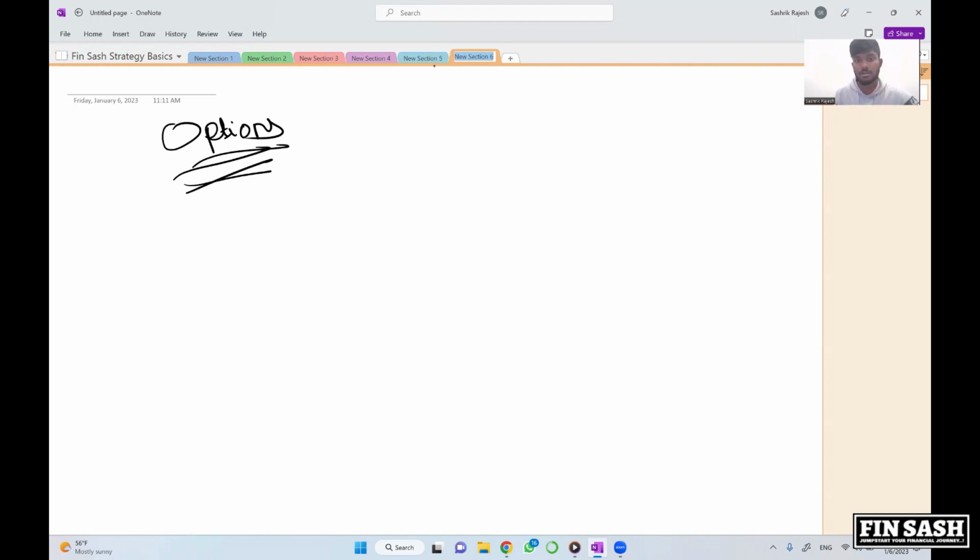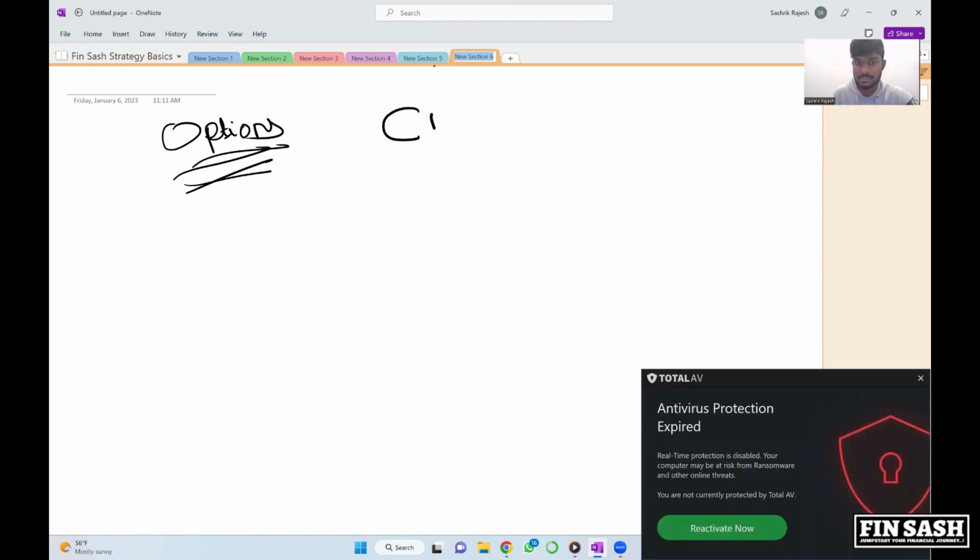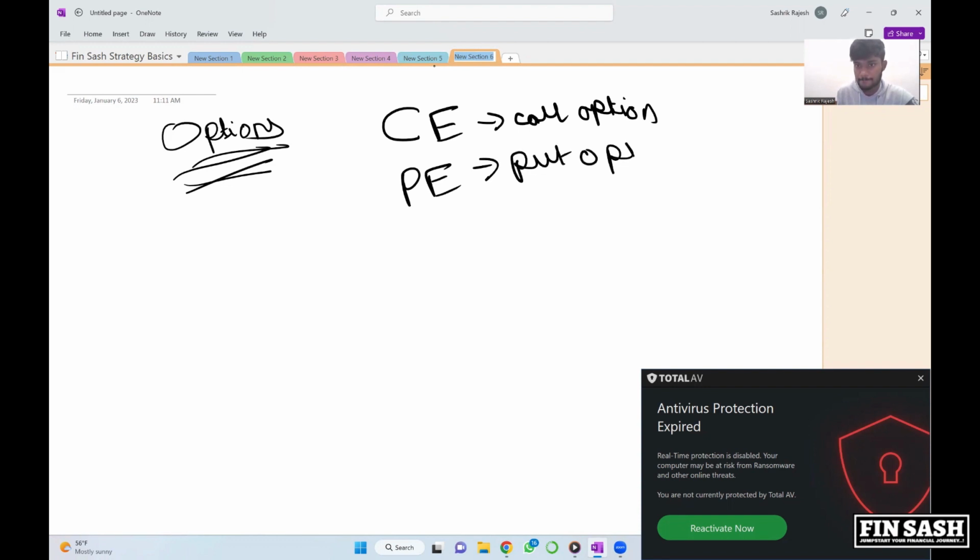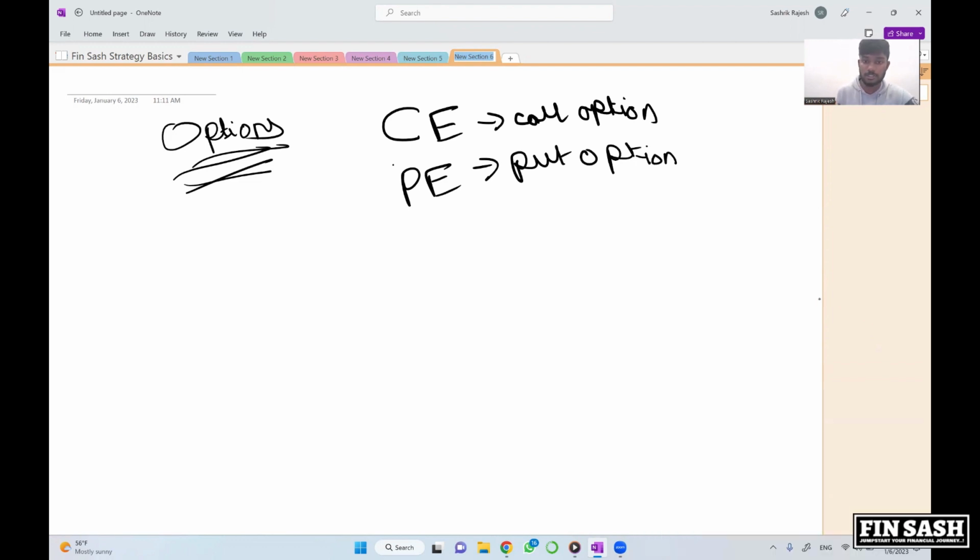Let's see. So the two basic things for an option are CE, which is a call option, and PE, which is a put option, right? So let's explain what these terms are.